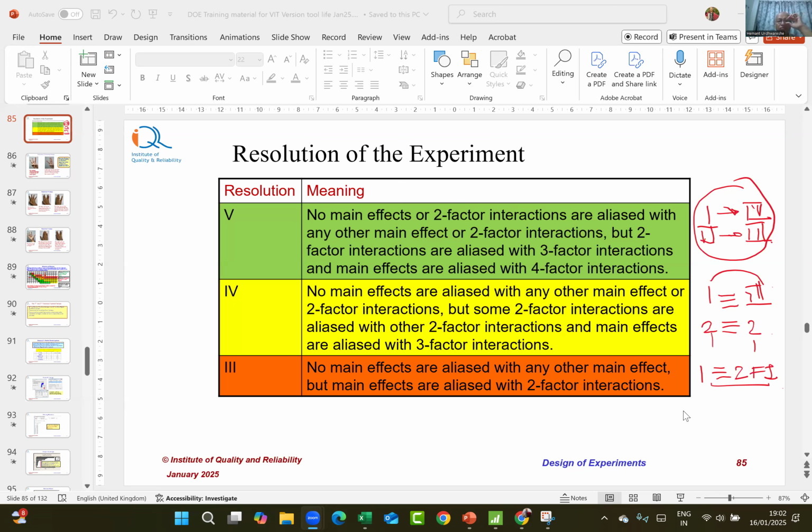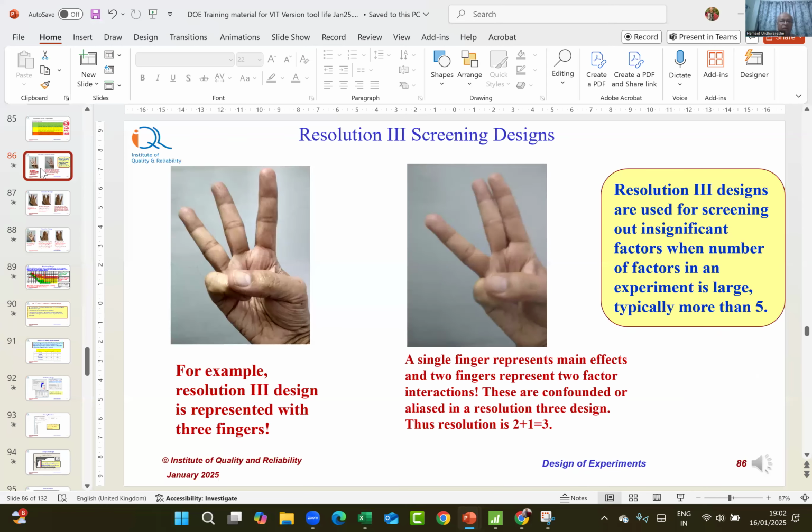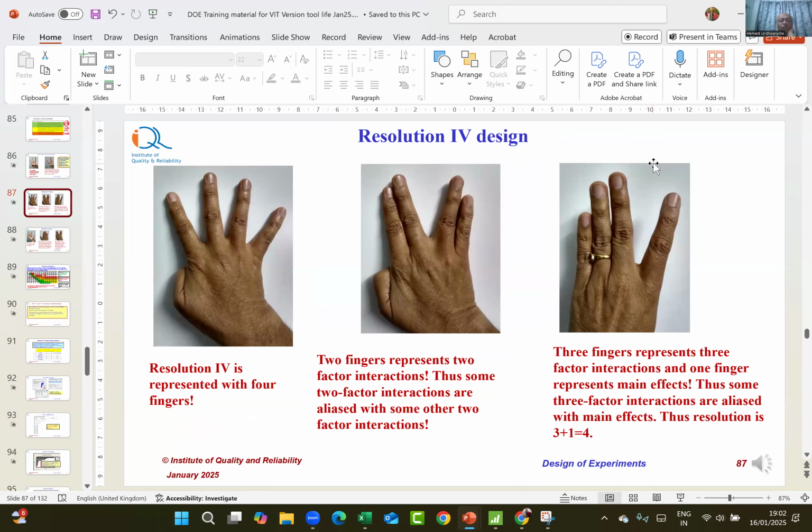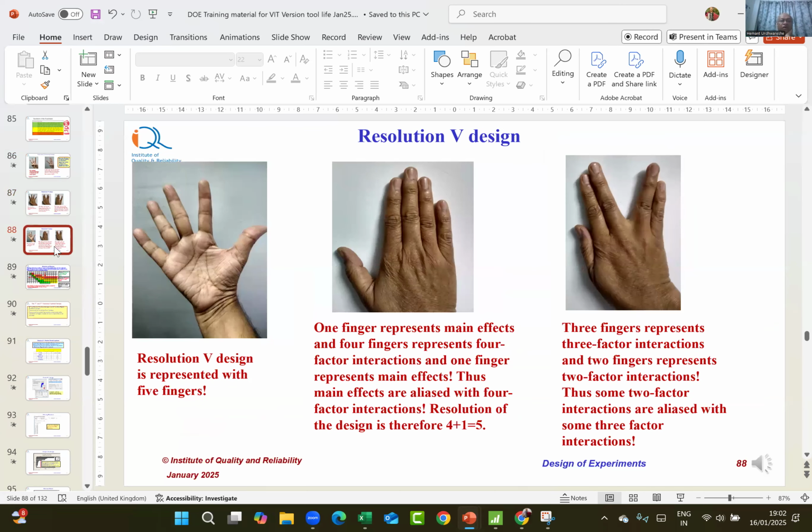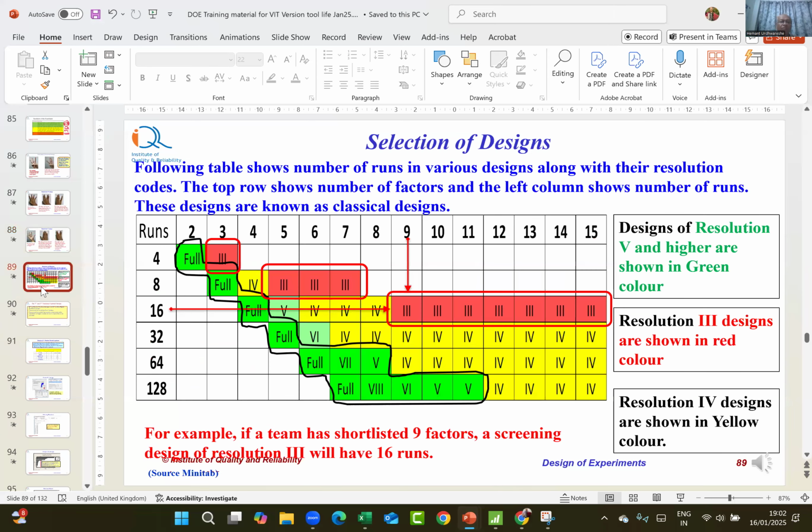So we have seen the resolution codes, and I have shown you this also, the three finger, four finger. So this is resolution 4 design, and this is resolution 5 design. I have explained this actually. And now look at the table that is reproduced from Minitab.